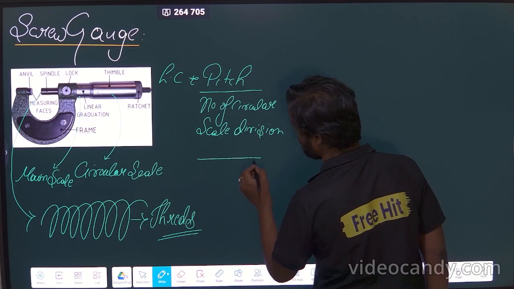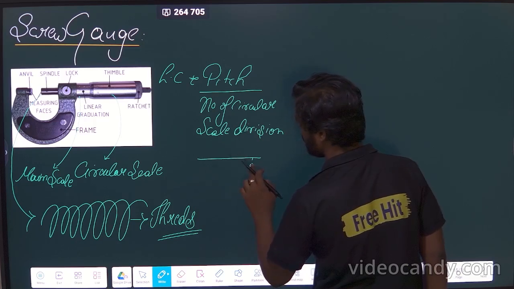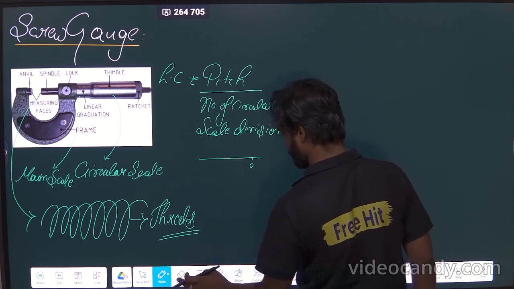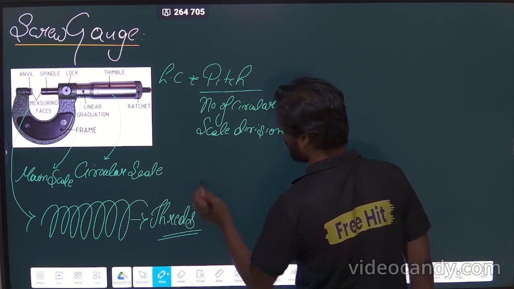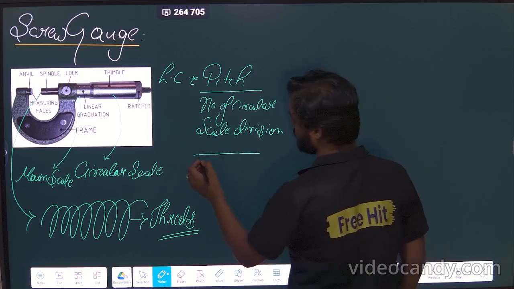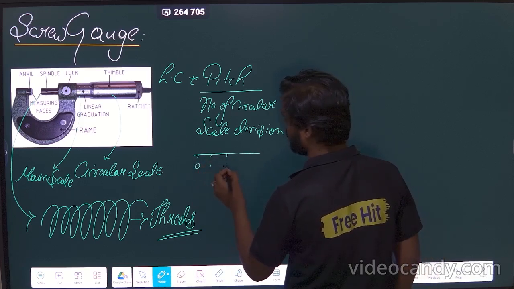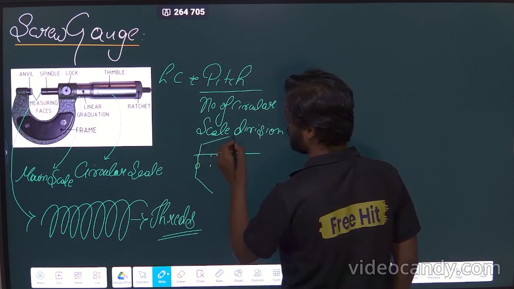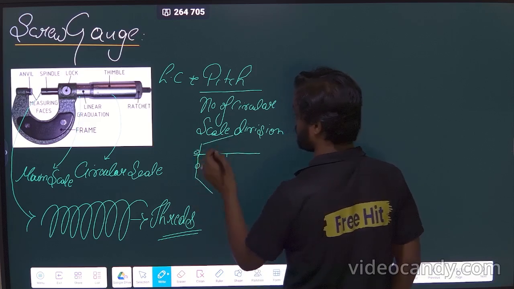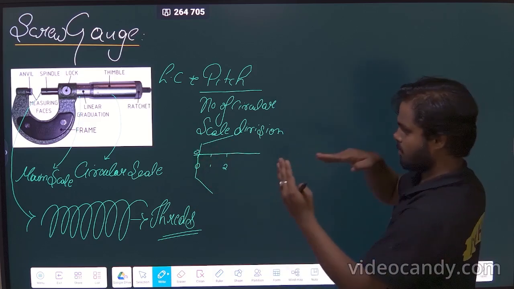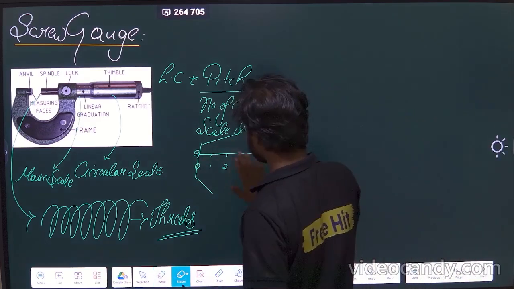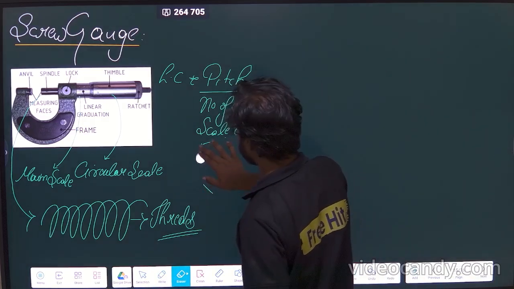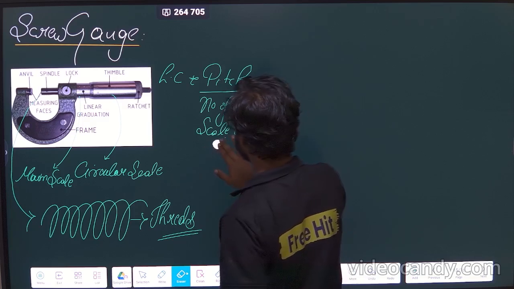There will be the main scale with 0, 1, 2, and this will be my circular scale like this. There will be 0 here, and both the zeros are going to coincide with each other. That is basically the diagram that is looking here, but it is slightly open.